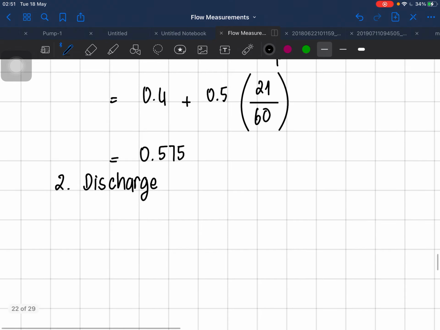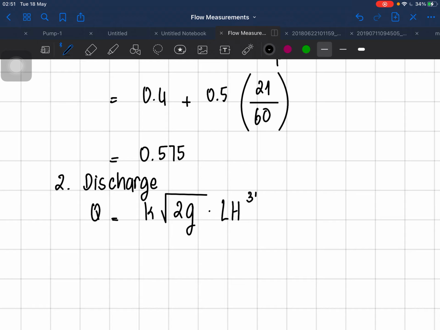For the discharge, Q equals K, which is the coefficient that we have found earlier, times square root of 2g, actually it's not that big, it's only 2g, times L, the length, and the height to the power 3 over 2.